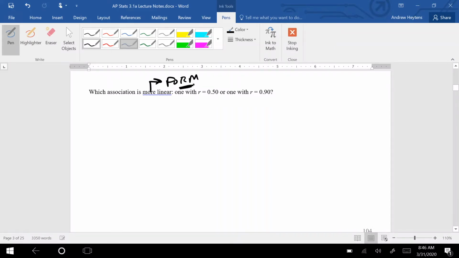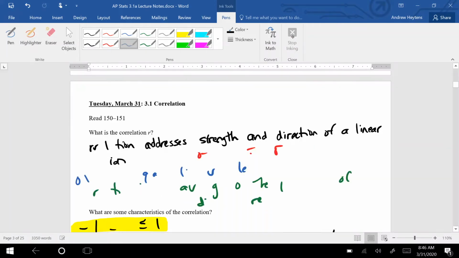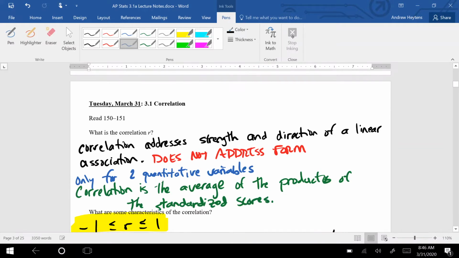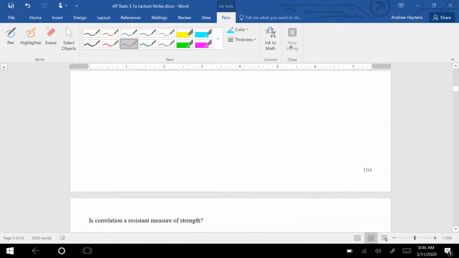Remember, form is linear or nonlinear. If you look back up at the notes, your r value does not address form. So you can't say that the association is linear or nonlinear and use your r value as evidence, because your r value doesn't address form.